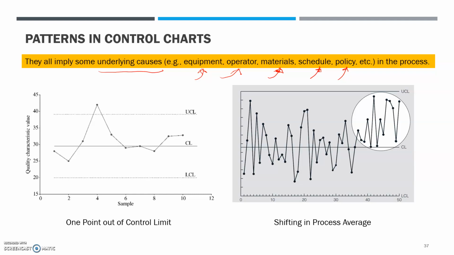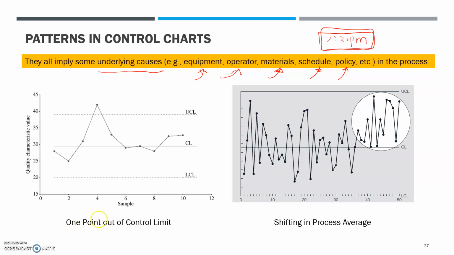For example, maybe at 1:30 p.m., workers can be very sleepy after lunch. That could be a cause. So by just looking at the control chart, if you're an experienced manager, you should be able to tell the story behind each chart.